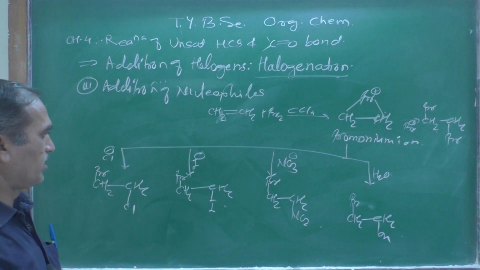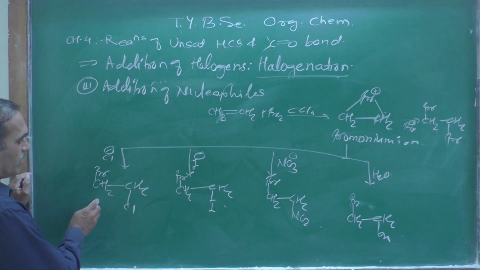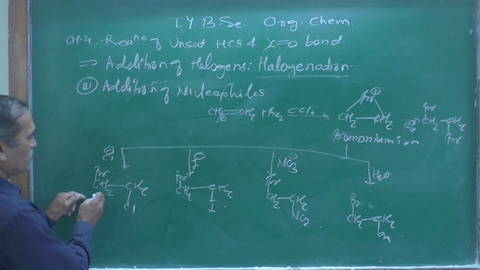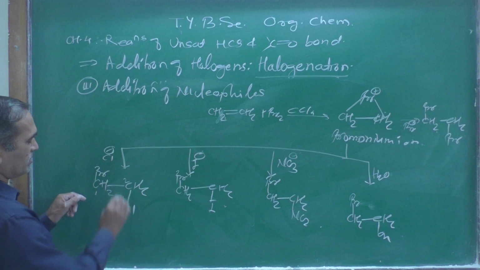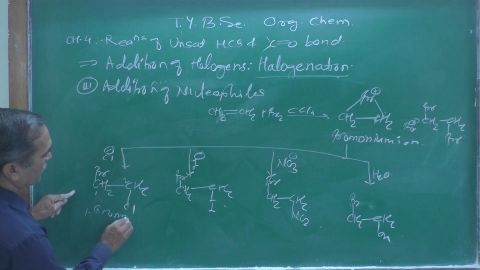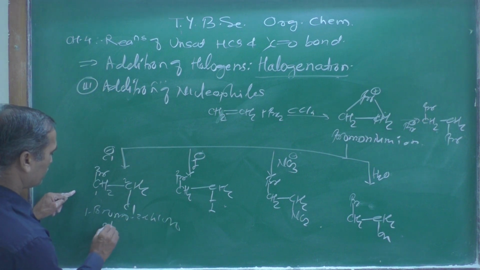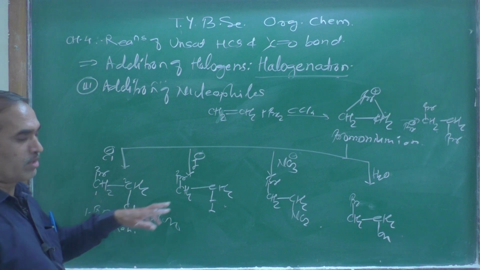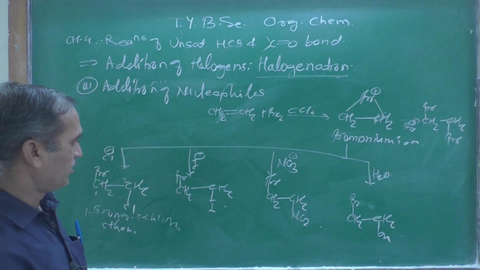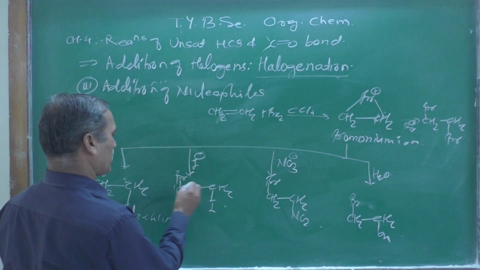Now can you tell me the names of those compounds? What is the name of this compound? You can give the number from this side. Both are halides, so prefer to give the number from this side. This is called 1-bromo-2-chloroethane. What will be the name of this compound? Again here you can give the number from this side or this side, it doesn't matter, 1, 2.